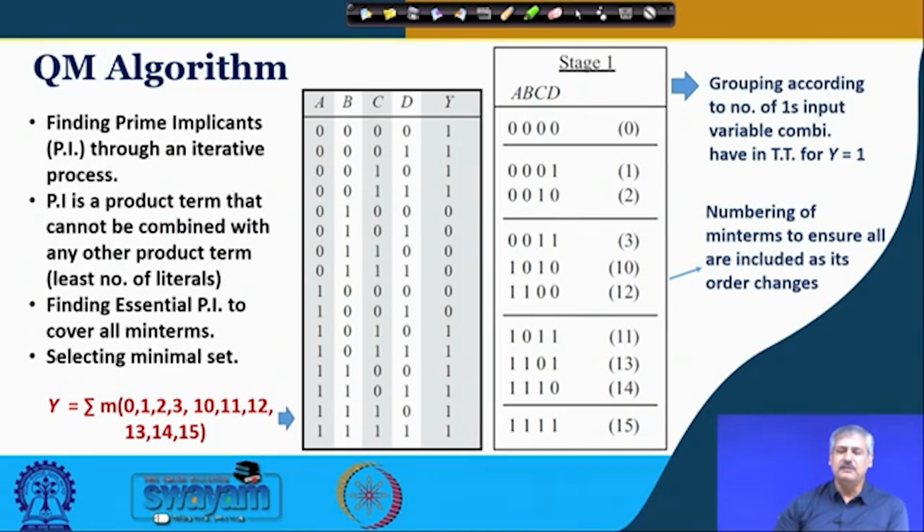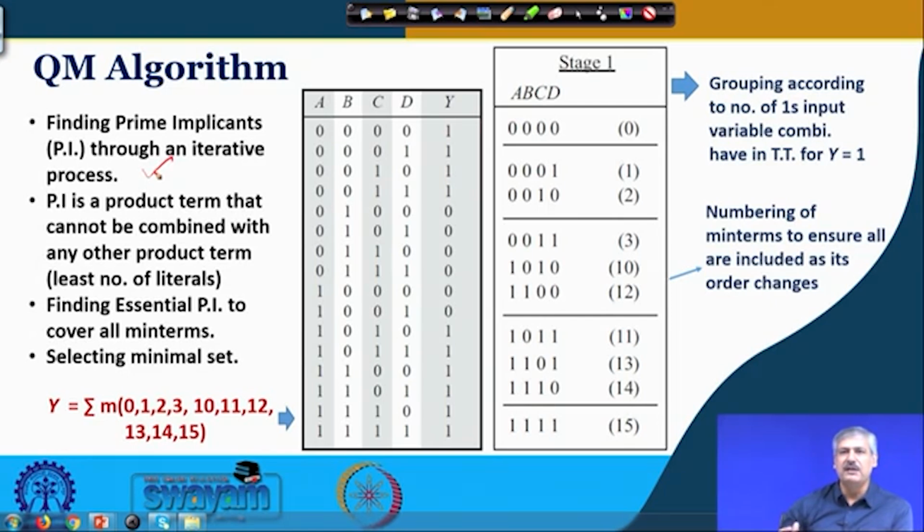So, the QM algorithm, the important steps are: first we shall look at getting the prime implicants. Implicants are the product terms. When we say prime implicants, these are the product terms which cannot be combined with any other product term.